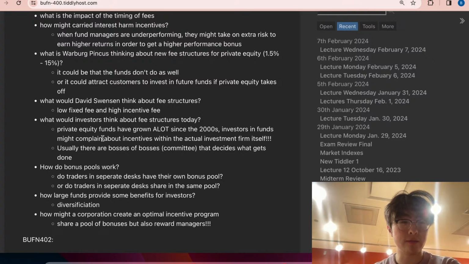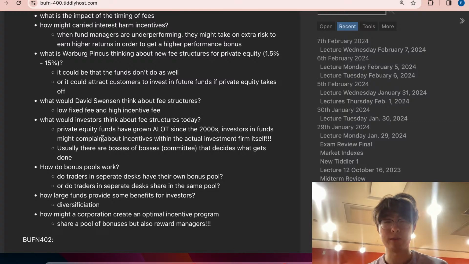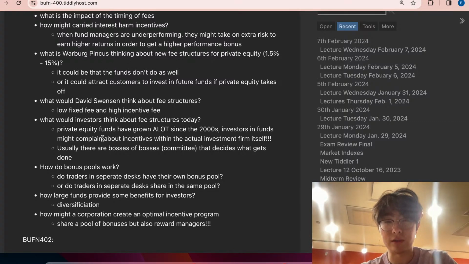Okay, what would investors think about fee structures today? So this case we read was about 20 years ago, and so a lot has changed since then. In the private equity space, we see that there's been a lot of money, a lot of inflows into the industry, and people may argue that it's becoming saturated. Interest rates are also around 5%, 6%, the highest they've been in a decade.